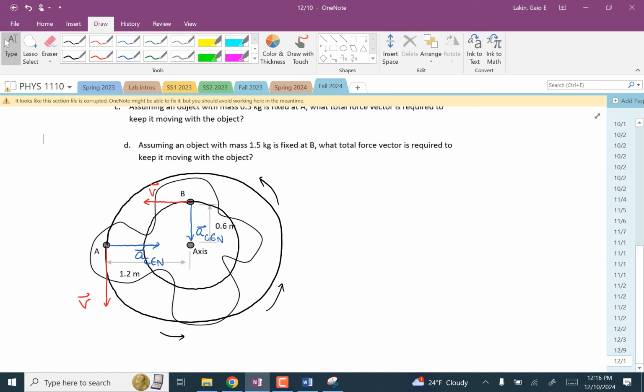Okay, so we just have to calculate these acceleration vectors. The tangential acceleration for both of them is 0.